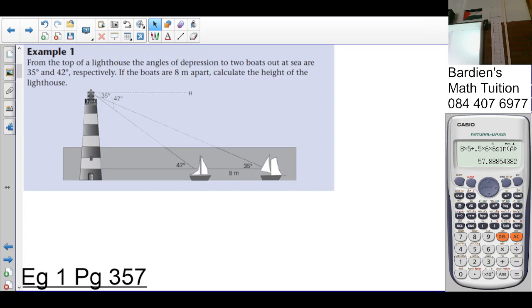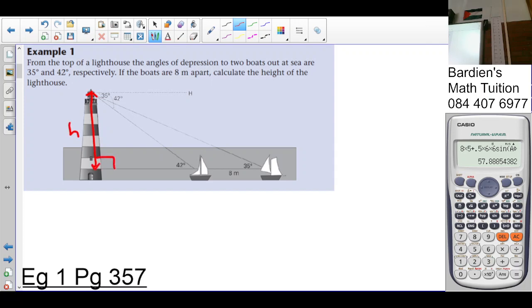If the boats are 8 meters apart, calculate the height of the lighthouse. In other words, calculating this here, from the top there to there. Let's call this H for now.